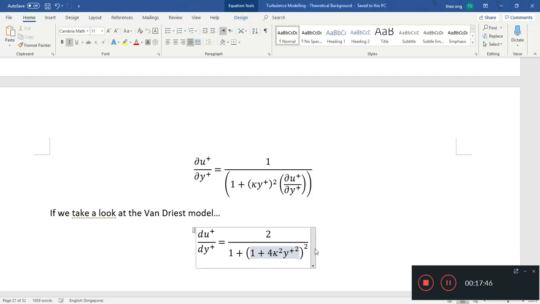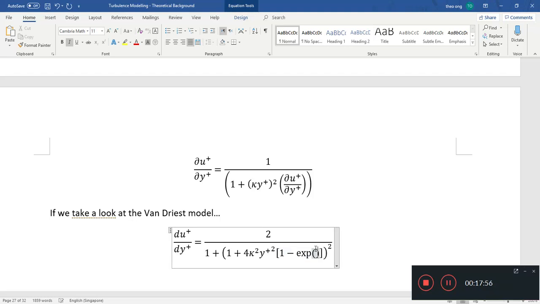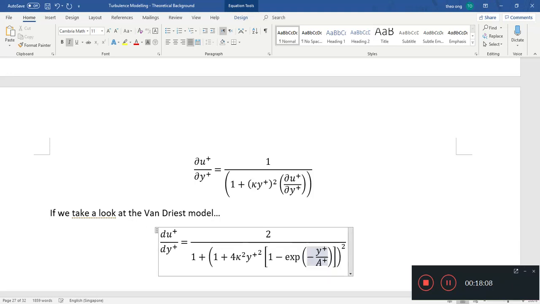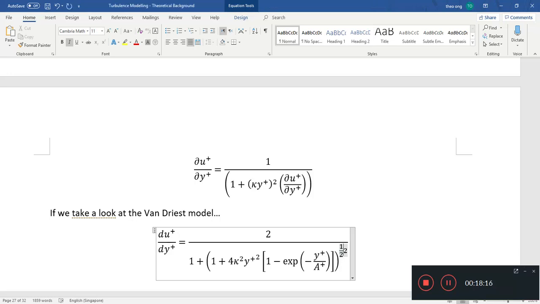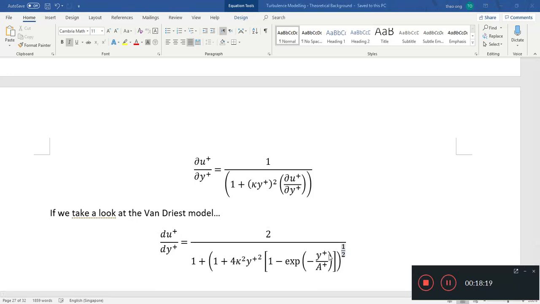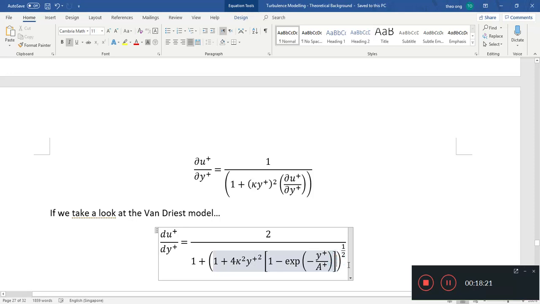So this is y plus squared, and then you'll have an exponential function inside: 1 minus exponential of minus y plus divided by some constant A plus, and this should be to the power of half, 1 over 2. And this term in the bracket is also squared.